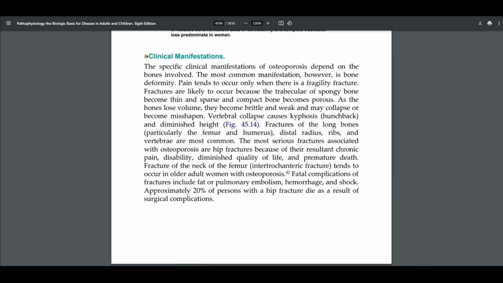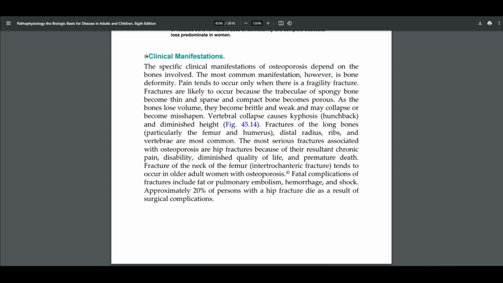Vertebral collapse causes kyphosis, or hunchback, and diminished height. Fractures of the long bones, distal radius, ribs, and vertebrae are most common. The most serious fractures associated with osteoporosis are hip fractures because of their resultant chronic pain, disability, diminished quality of life, and premature death.